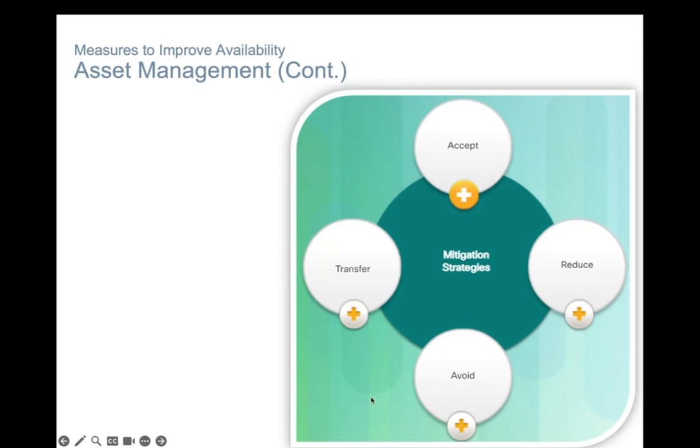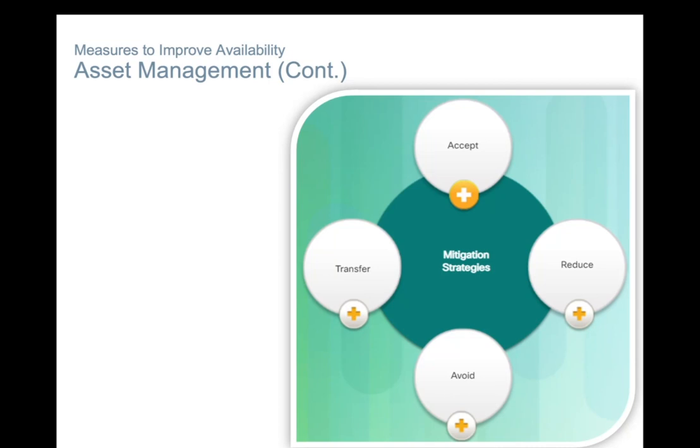Accept means to accept the risk and periodically reassess accepted risk in ongoing processes as a normal feature of business operations, and modify mitigation measures accordingly.